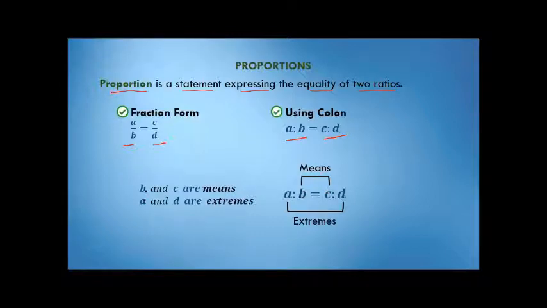So ibig sabihin, B and C are called means, while A and D are called extremes. So, tandaan yung pwesto ng A, B, C, and D. So, A is to B, then C is to D. B and C nasa loob, A and D nasa labas.